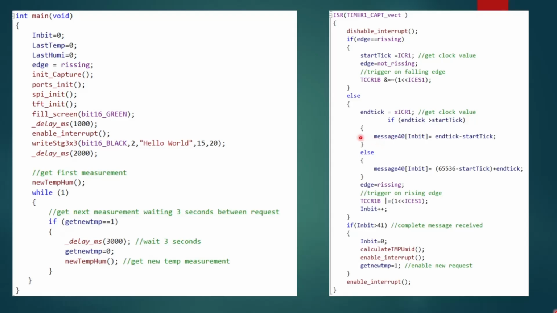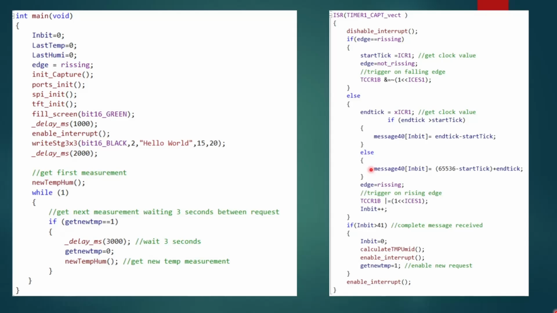If that's true, that means we subtract and put the value into the message 40 that has, it's going to end up with the 40 values, the message.